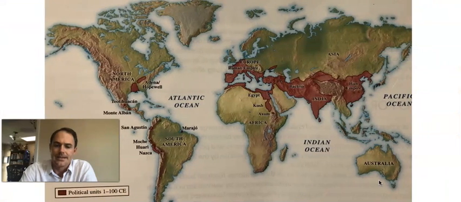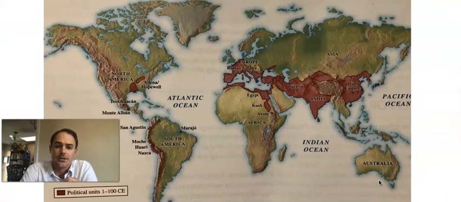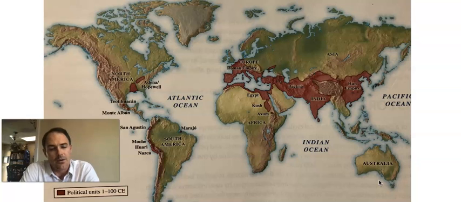All right. This week, we're starting Unit 2, the Classical Age. And I want to say a few words about the period of time before I get into the individual lessons. You see a map here of political units from the 1st century CE.